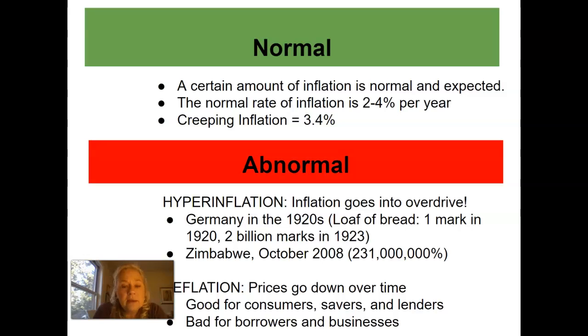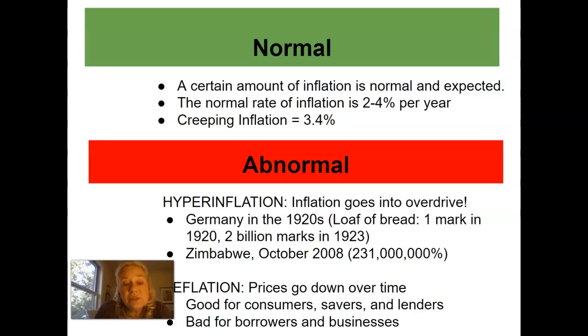In Zimbabwe, in October 2008, they had a 231 million% hyperinflation. So both of these examples just show how inflation can get out of control, especially when the solution is just to print money. In deflation, the prices in that market basket go down over time.